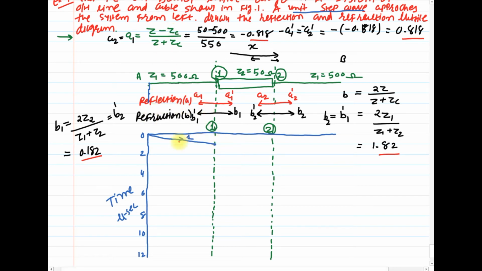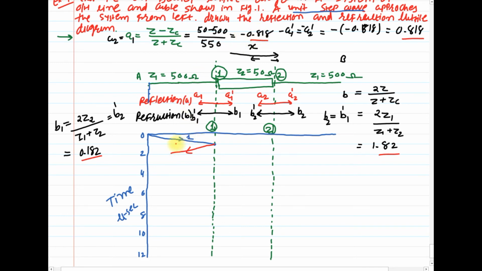The first one is that it gets reflected. So we have to multiply a1 into 1. The value of a1 is minus 0.818.